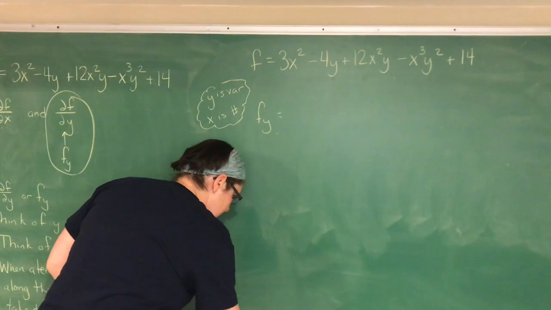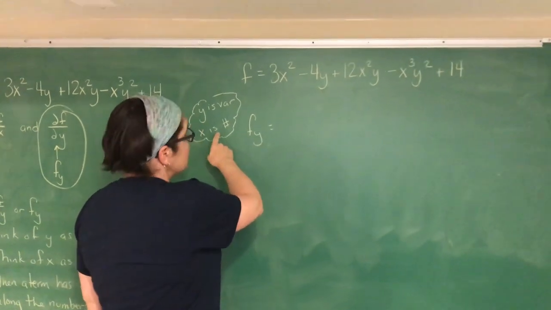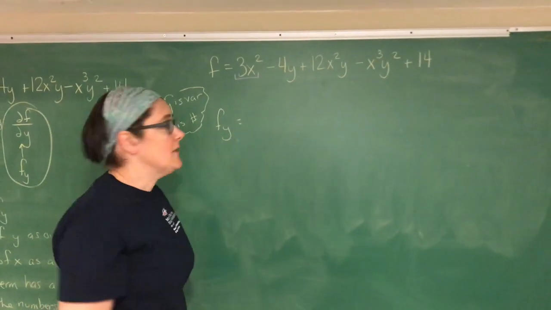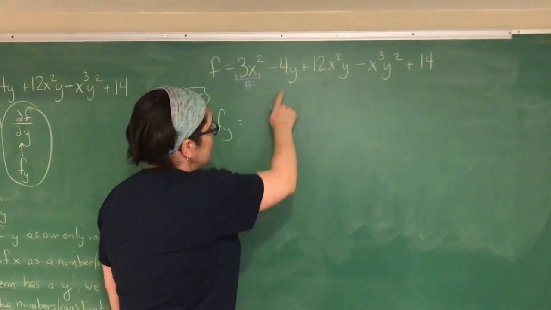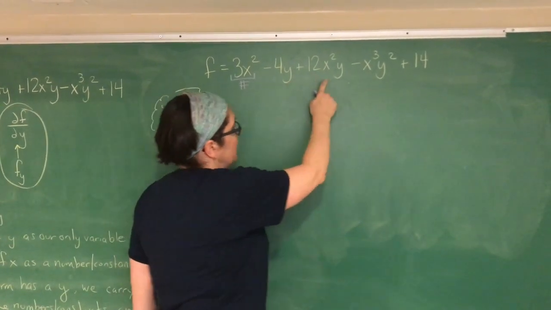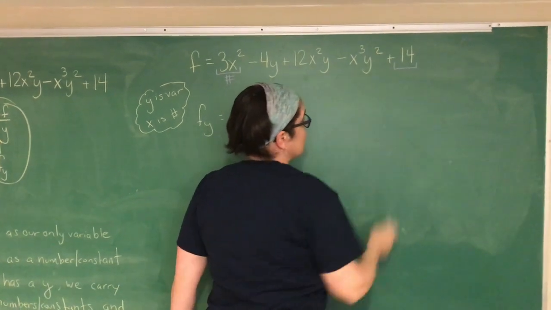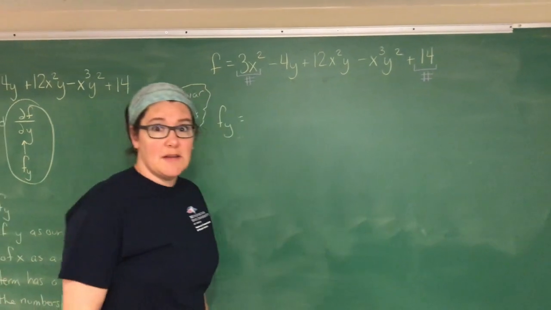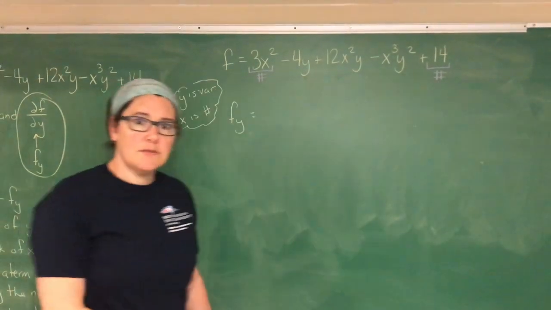So when I look up here, x is a number. So this 3x squared, that entire term right there is a number. This next guy involves a y, the next guy involves a y, the next guy involves a y, and then the 14 does not involve a y, so 14 is just a number sitting by itself. So the terms where there is no y involved whatsoever, the derivative will be 0.